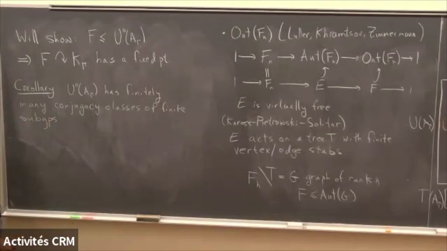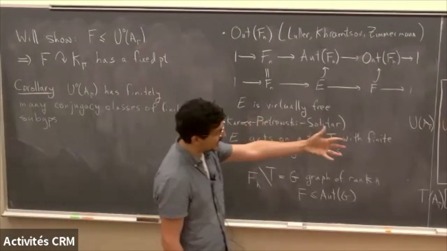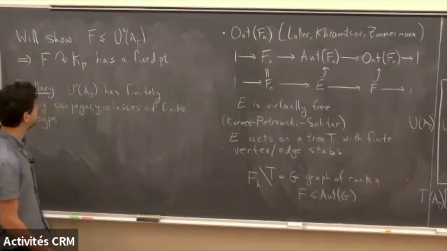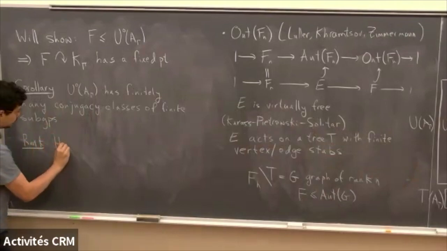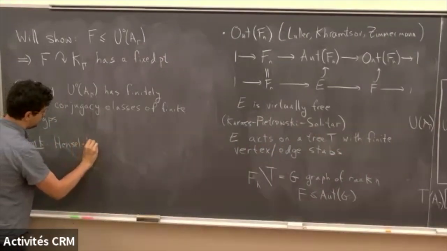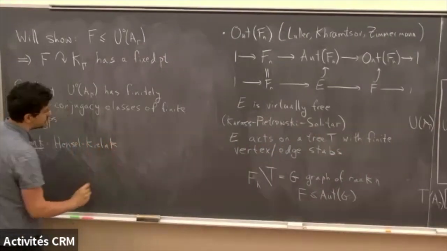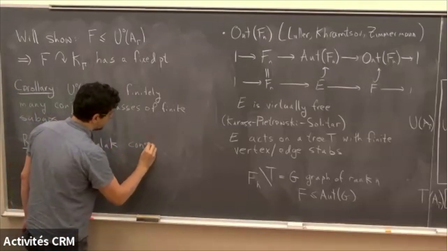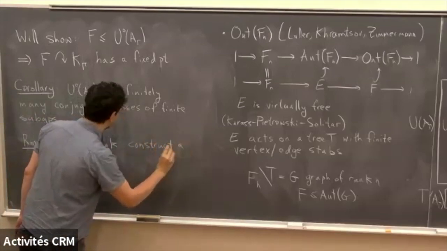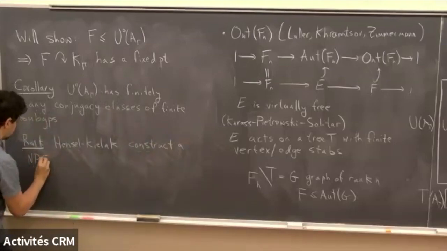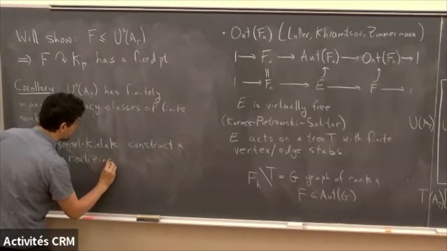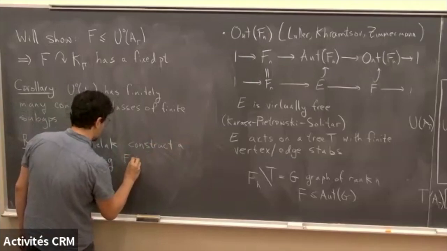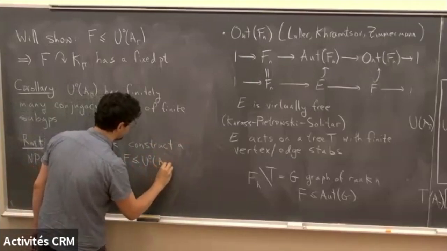Okay. Right. So you need some compactness, but then that allows you to say there's only finitely many conjugacy classes. And before I discuss the ideas in the proof, I'll just make a remark. So Hensel and Kielak, in previous work, construct an NPC cube complex realizing any finite subgroup F of U0 of A gamma.